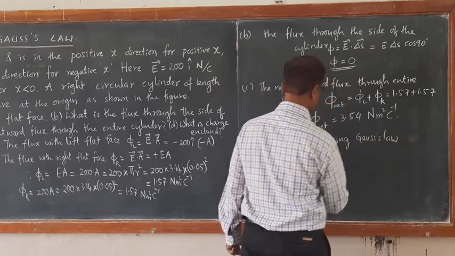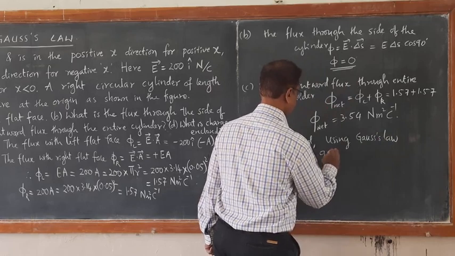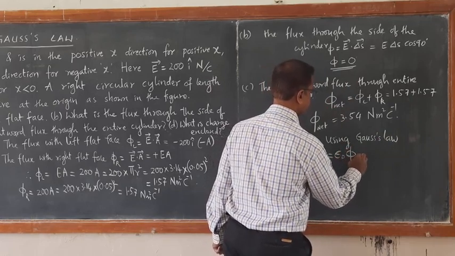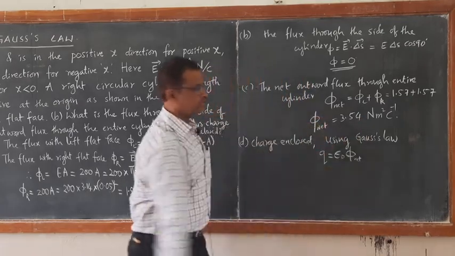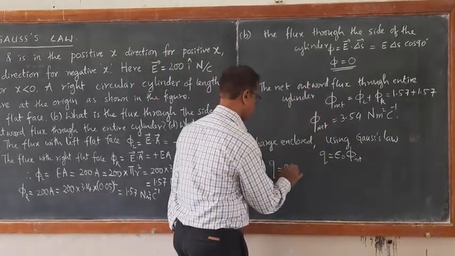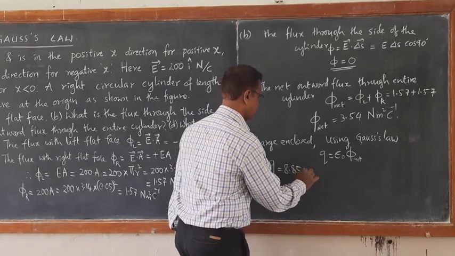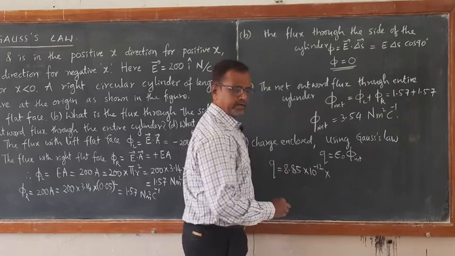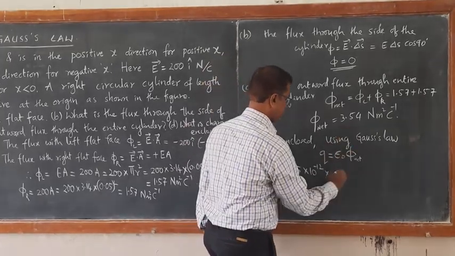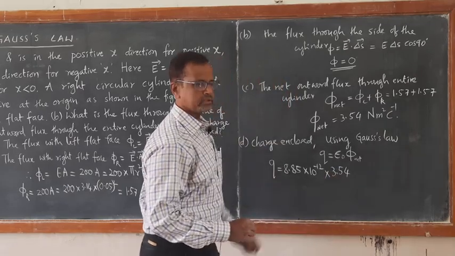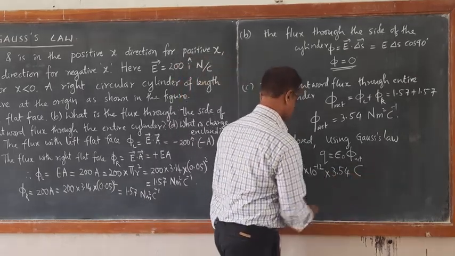Applying Gauss law, Q is equal to epsilon naught times the net flux. Therefore, Q is equal to 8.85 into 10 raised to minus 12 into 3.14, the net flux. So this gives us the total charge in coulombs.